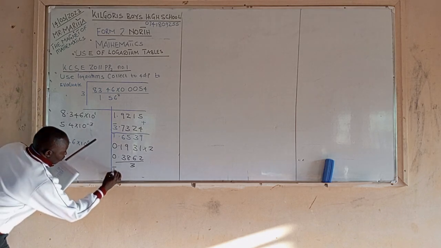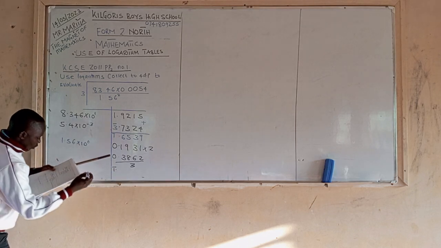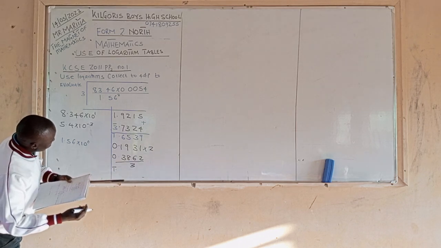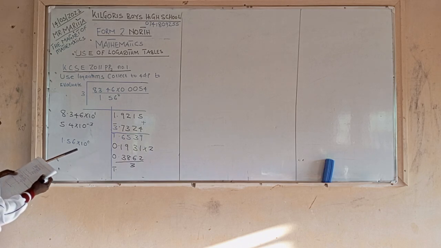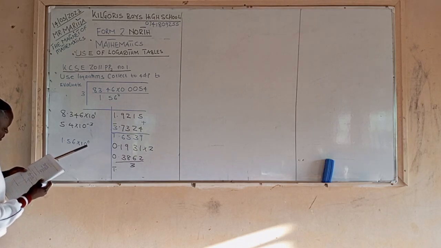If we divide directly, we have this one as power 1 point.